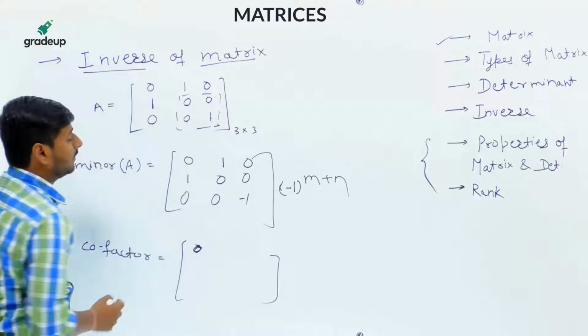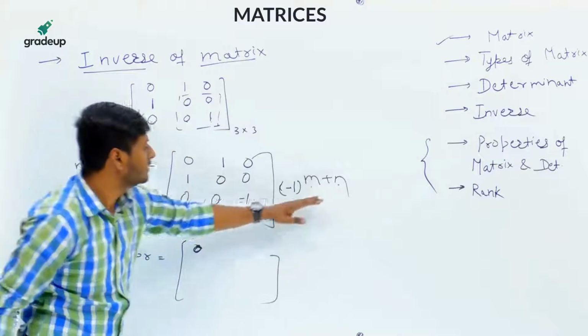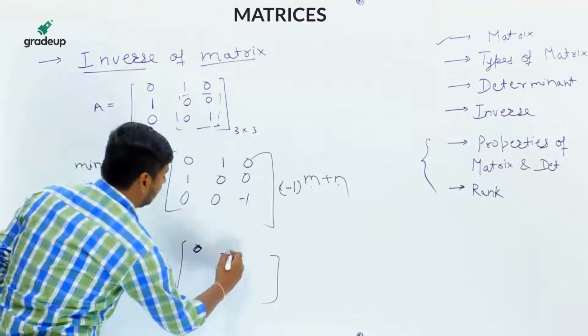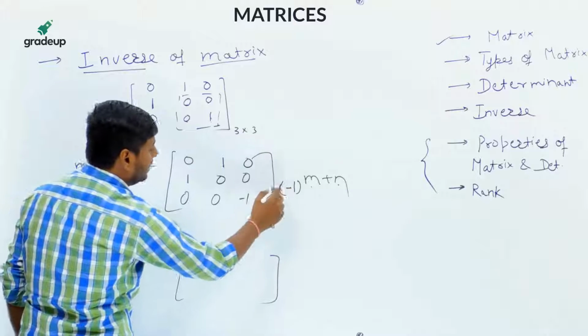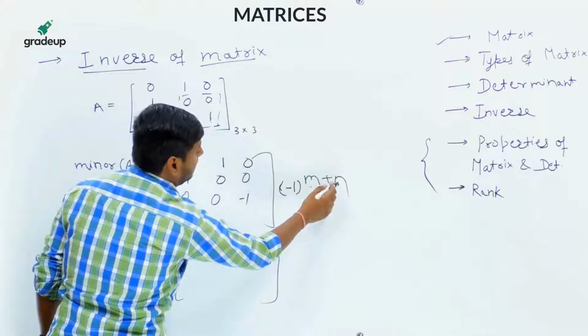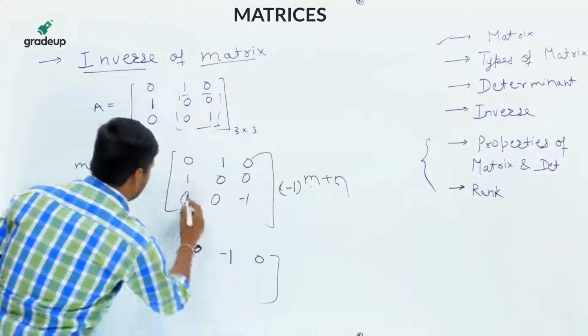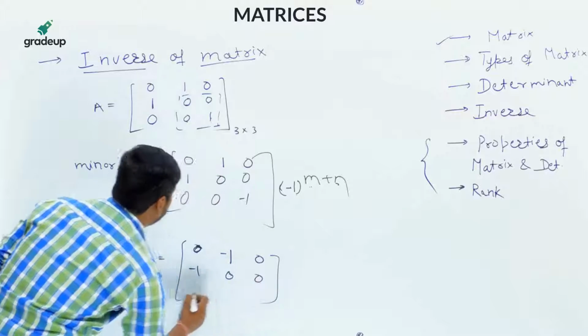Again, for element A12, we put 1 here and 2 here, and minus 1 to the power 3 gives a negative sign with this element. Again, minus 1 to the power 1 plus 3, 4, is an even number, so we get plus 0. Again this will be minus 1, this will be plus 0, minus 0.